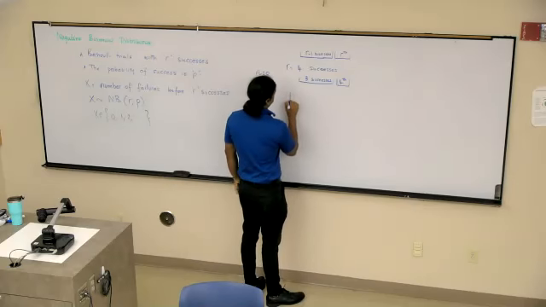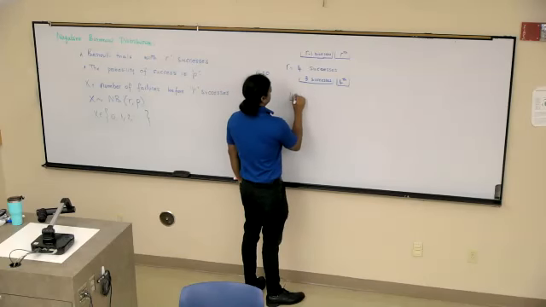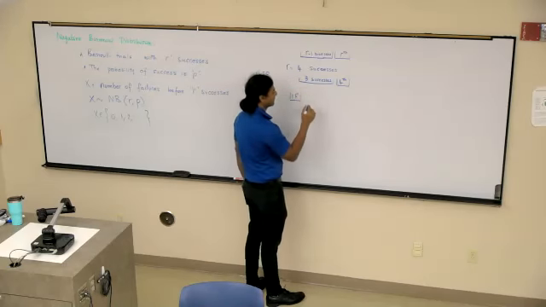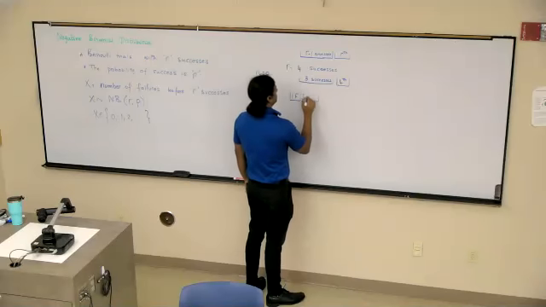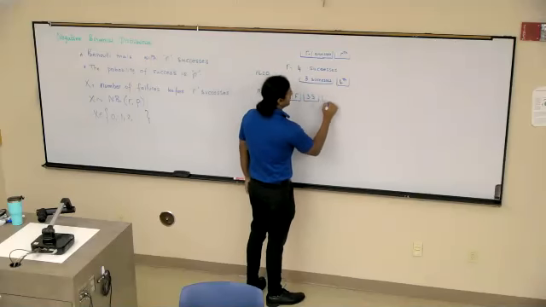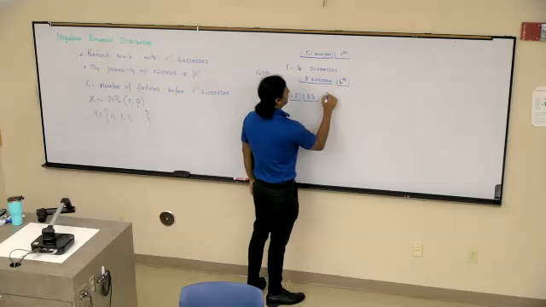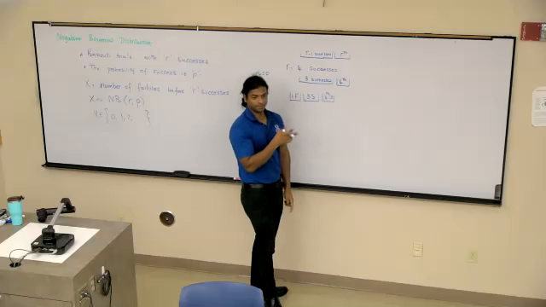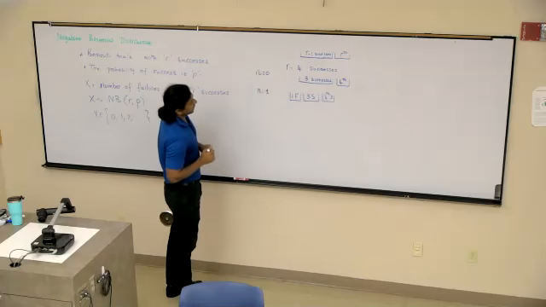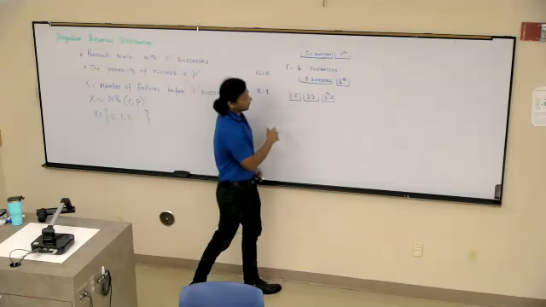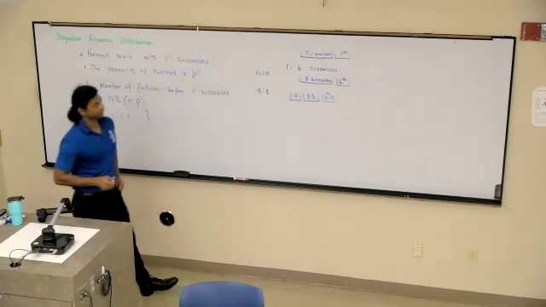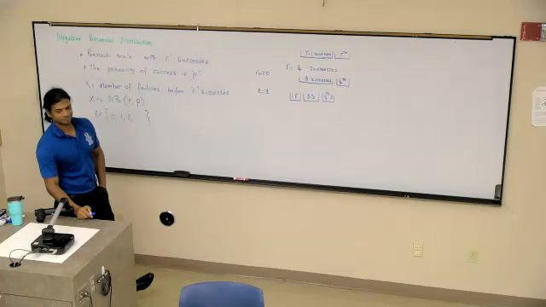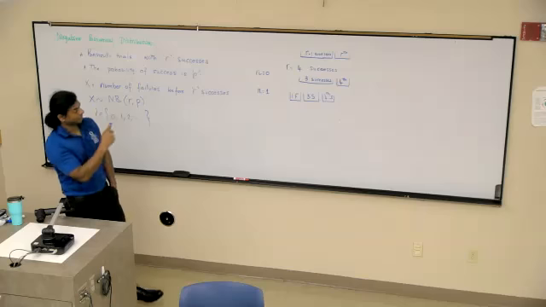I don't want to write successes, I'm too lazy. And 3 successes. When the 4th happens, we stop. Good. So in total, how many trials do we have? 5.